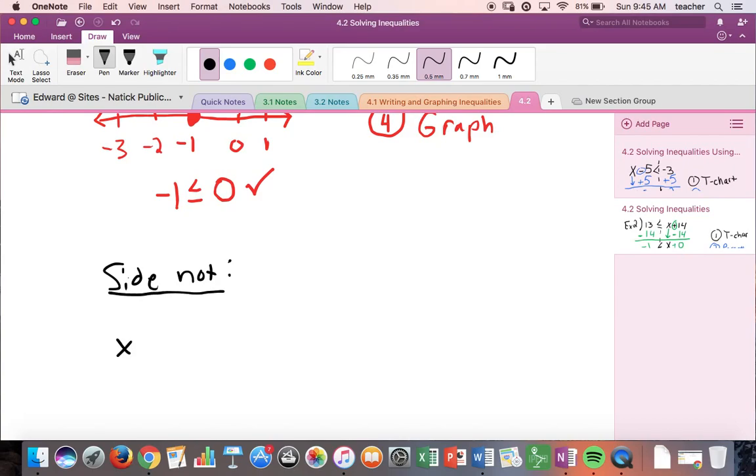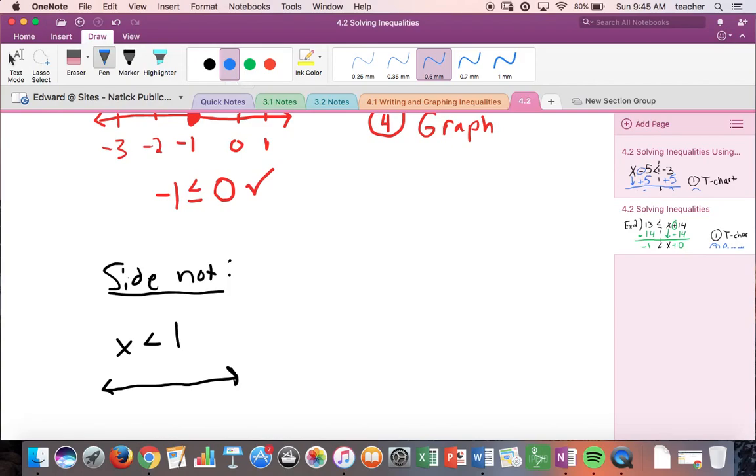So whenever your variable is on the left side of your solution, you can always graph based upon the direction that this inequality symbol is going.